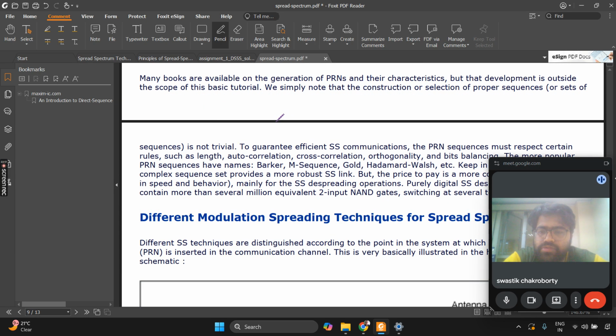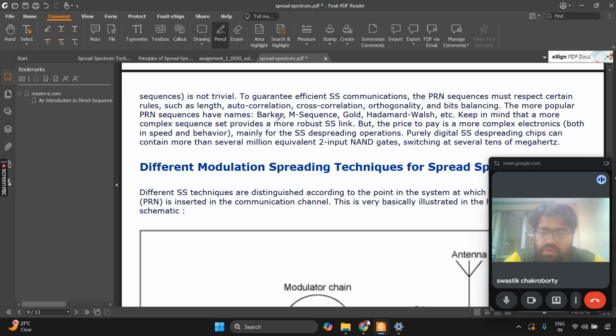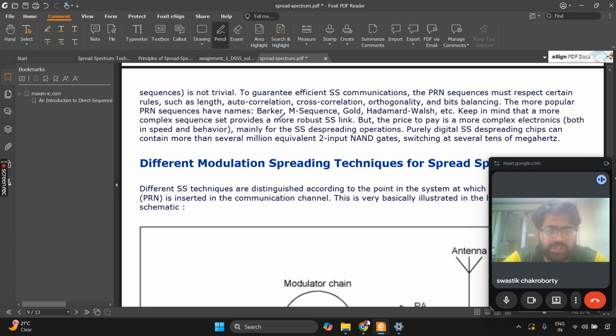Pseudo random noise sequence generation is beyond the scope, so we will not go there. But there are multiple famous pseudo random noise sequences like Barker, N sequence, Gold, Hadamard, Walsh, etc.